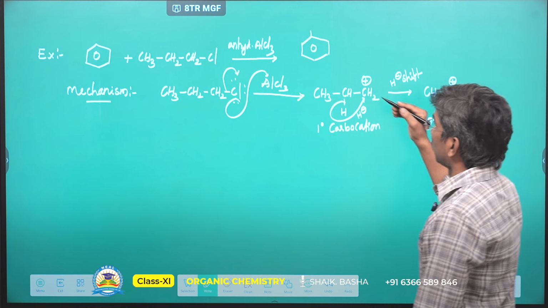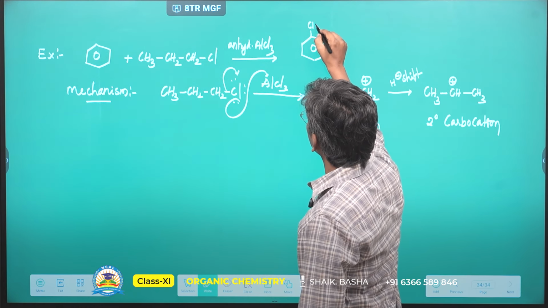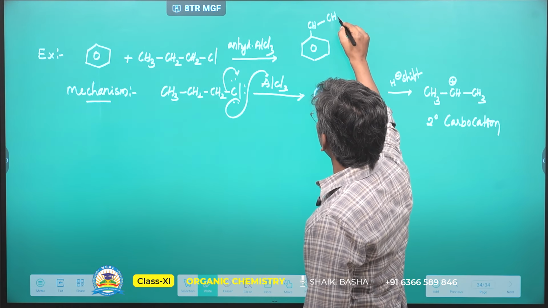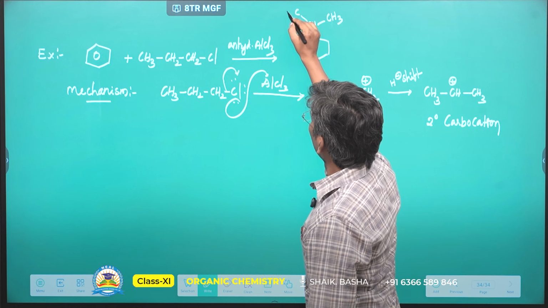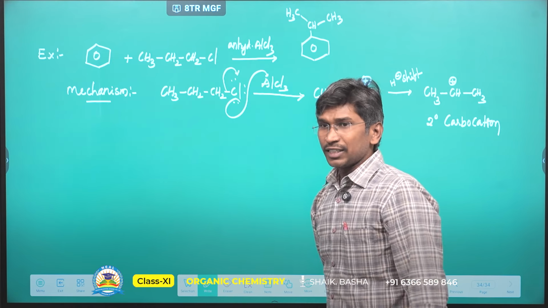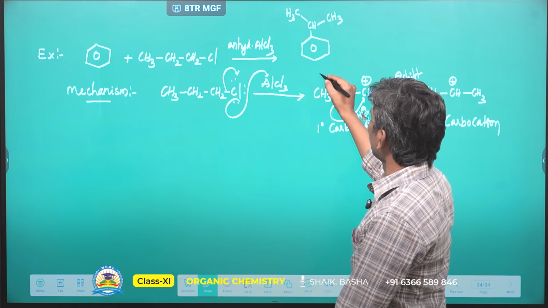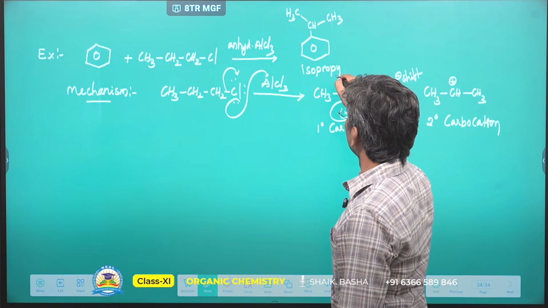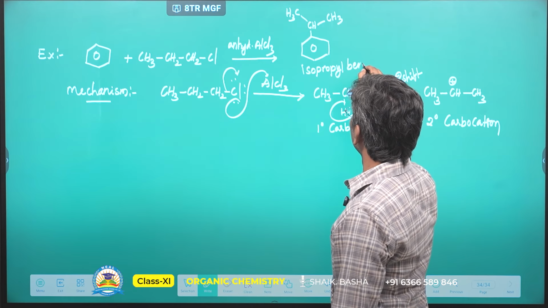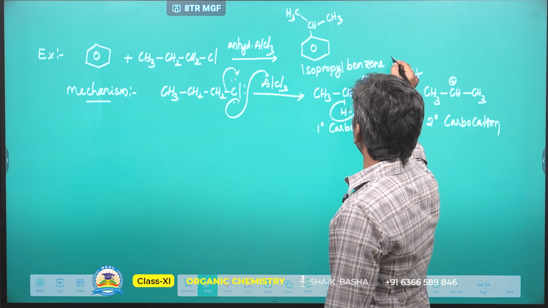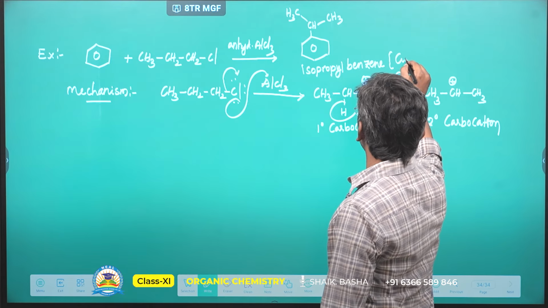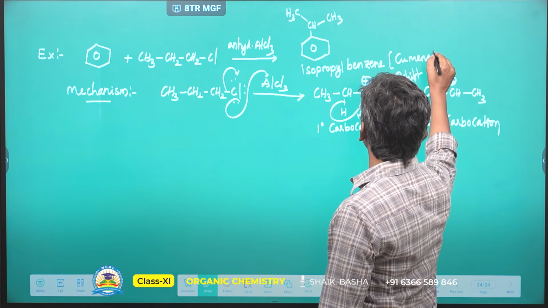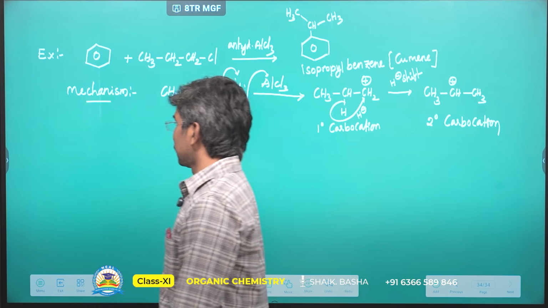This carbon, the middle carbon, CH, with CH3 and CH3. So what is the name of this one? Isopropyl benzene. You can also call it cumene. The general name is cumene.